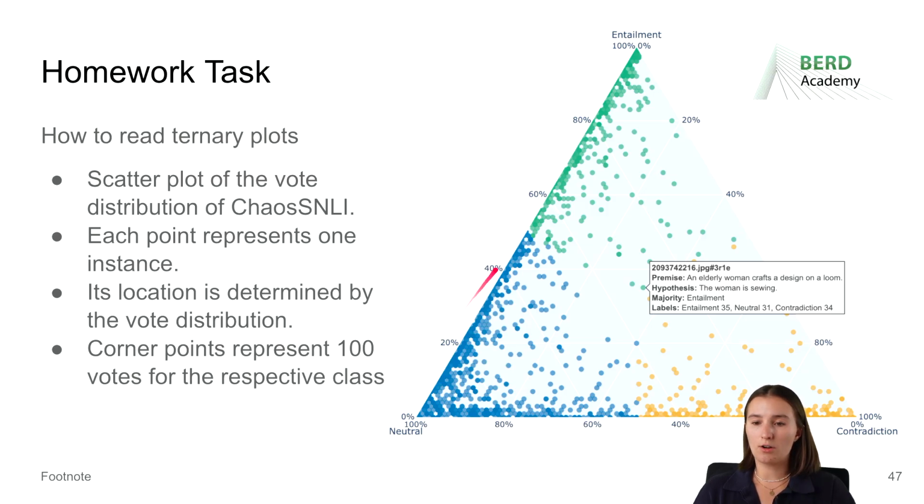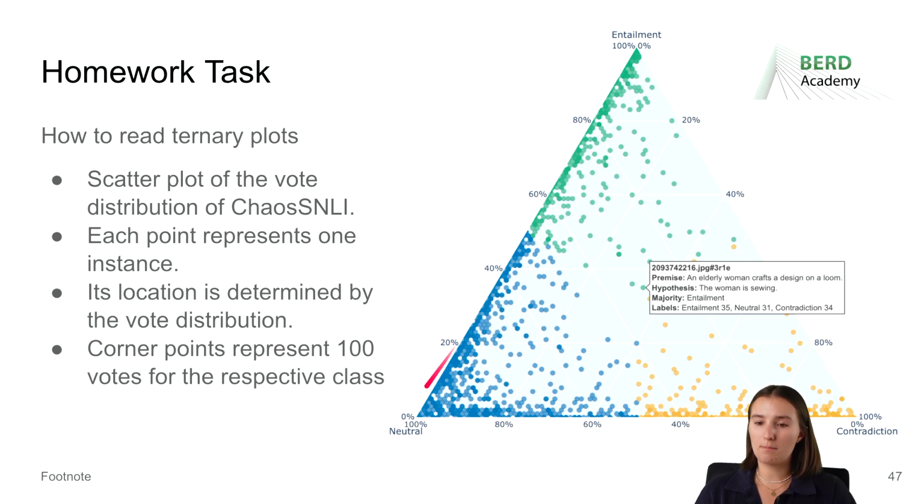Basically here on the left side is the scale that goes up to entailment. So points that are in this very corner have 100% entailment. Again, points in this very corner have 100% of votes for contradiction. Points in this corner have 100% votes for neutral.